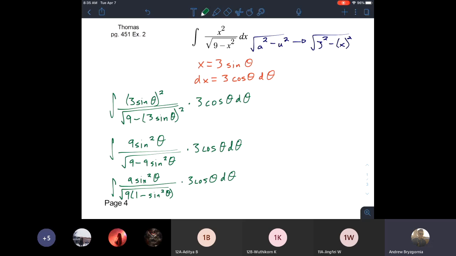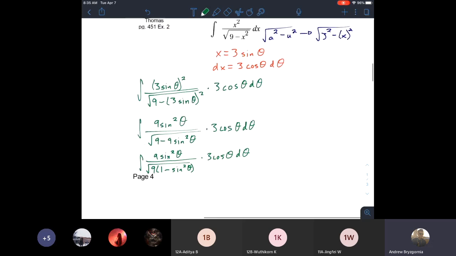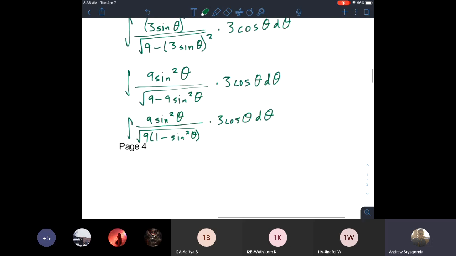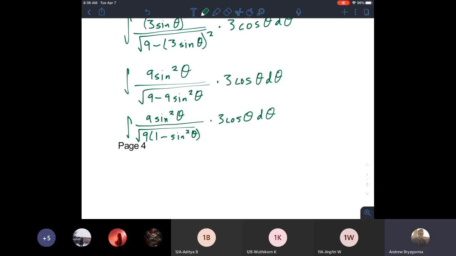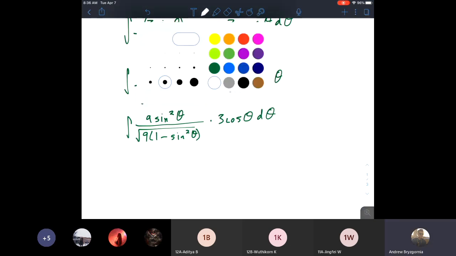And so then we can change that 1 minus sine squared, I'm going to get rid of that page that's just kind of sitting there. We can take that and turn that into cosine squared.